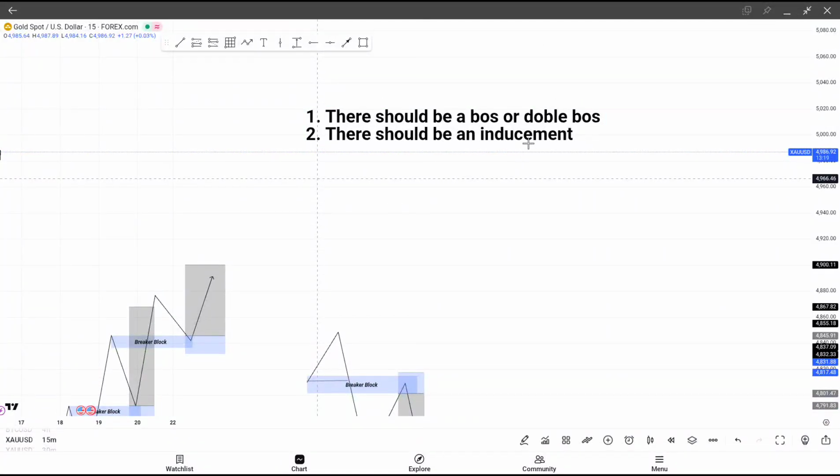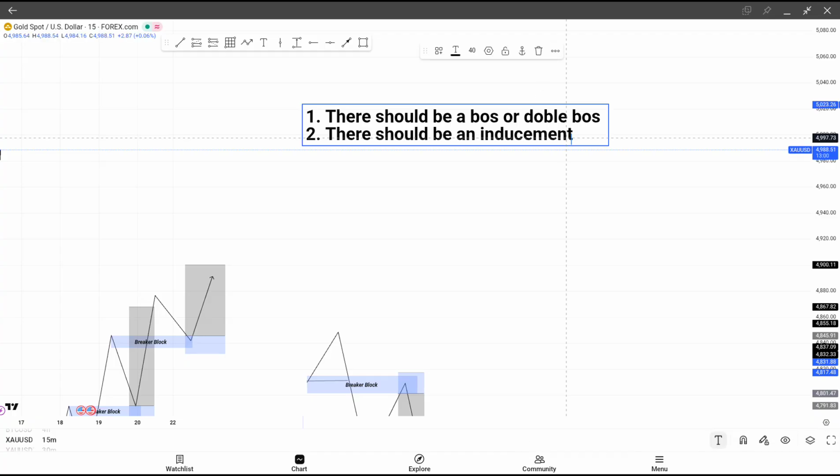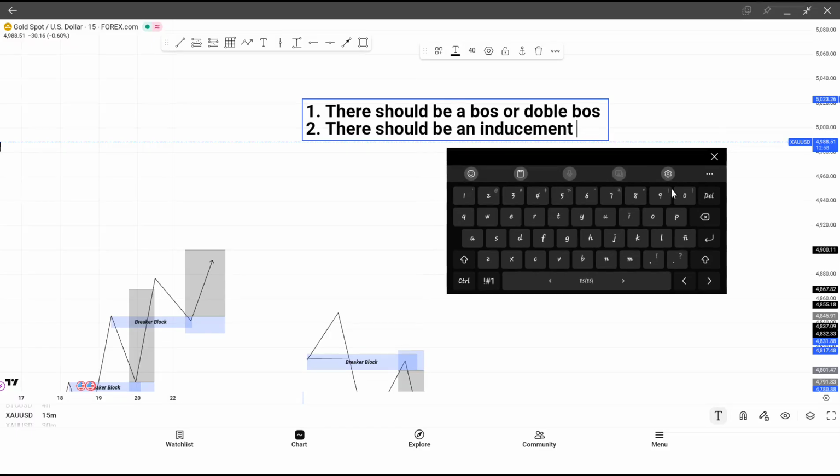Very important. So the inducement should also be there. If you find a break of a structure or a double break of a structure but you don't find the inducement, don't take any point of interest. It means that don't take any order block or breaker block. There are 4 rules that those points of interest need to meet before you take them.